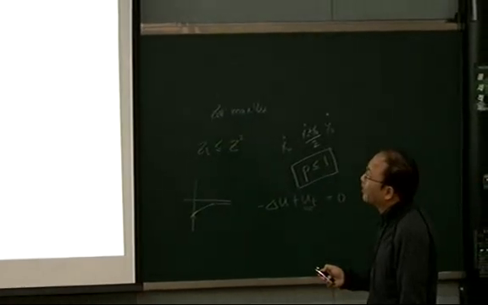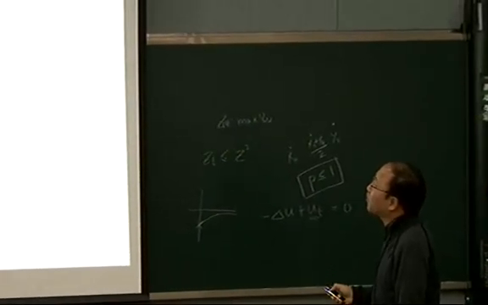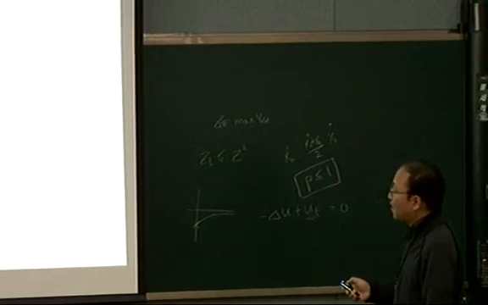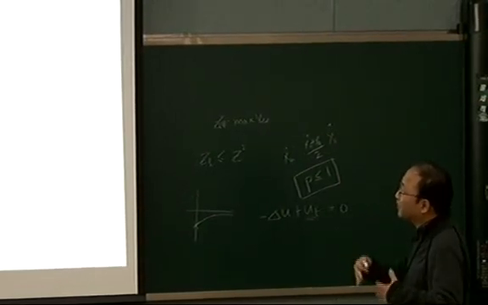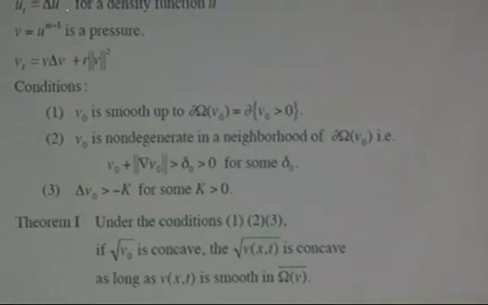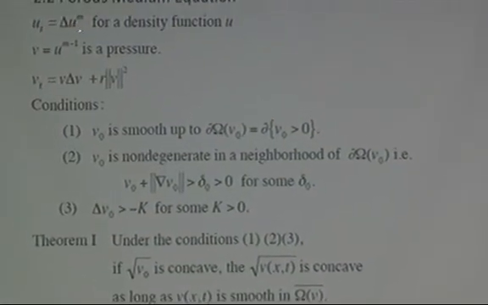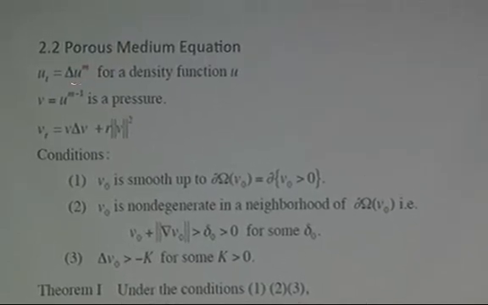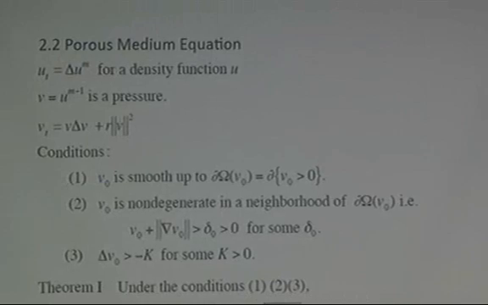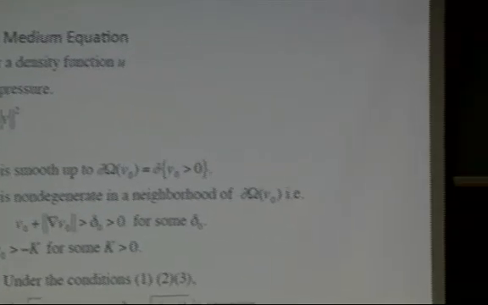Okay, so then let me give you the computation in the porous medium equation. It's more complicated, but it has a similar part, but it has difficulties. In the porous medium equation, it has this form, and then your function is u to the m, and it is a degenerate equation because Laplace of u to the m is m gradient u to the m minus 1 and gradient of u.